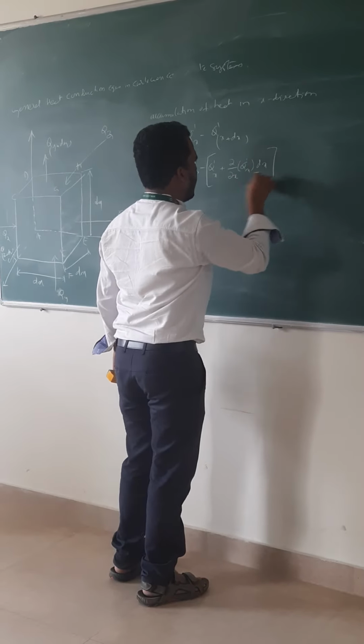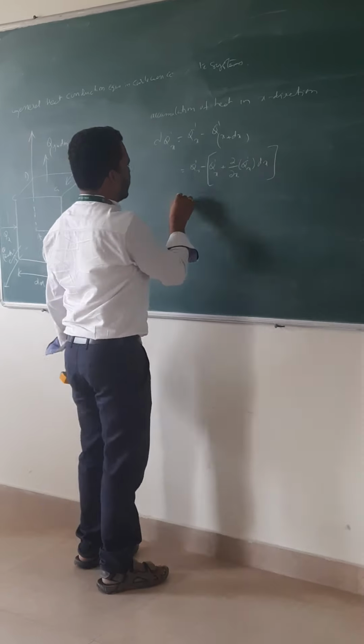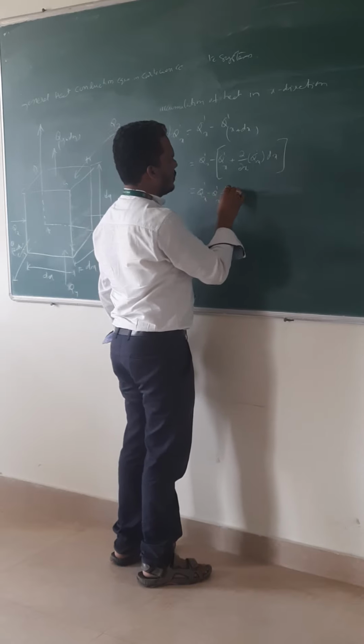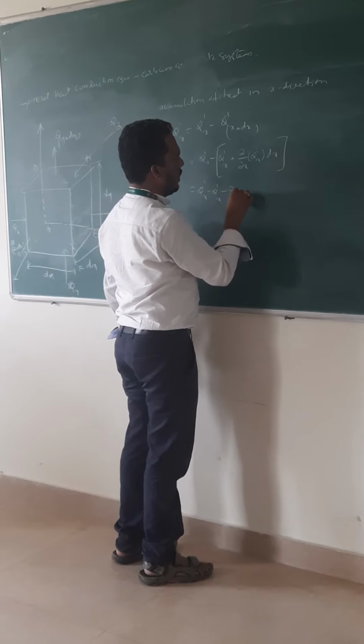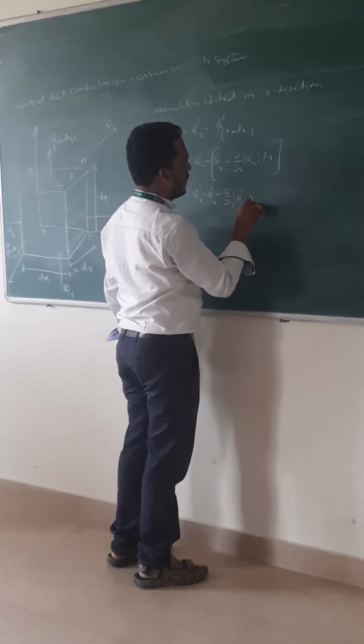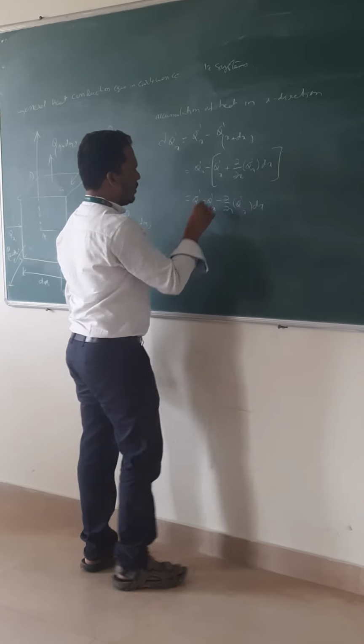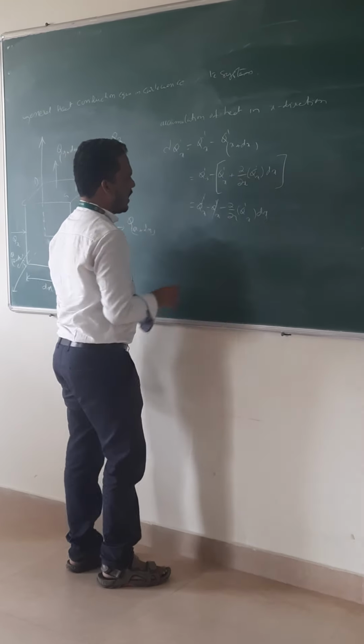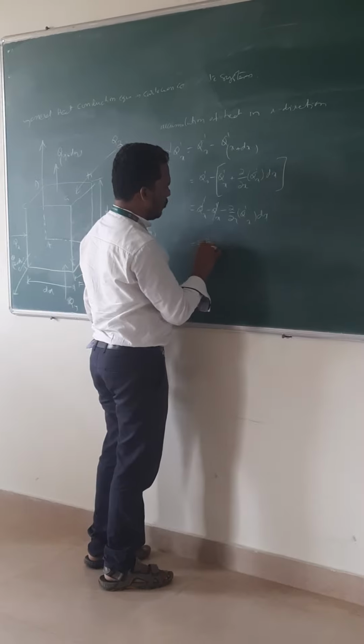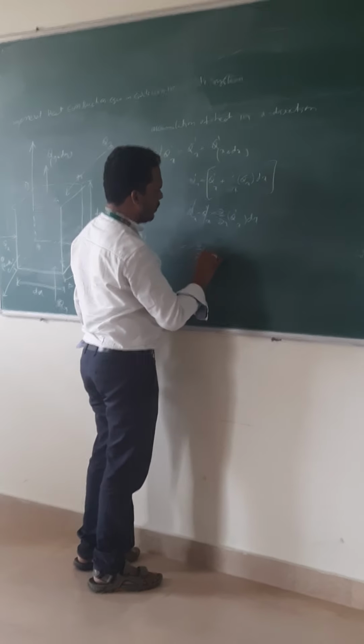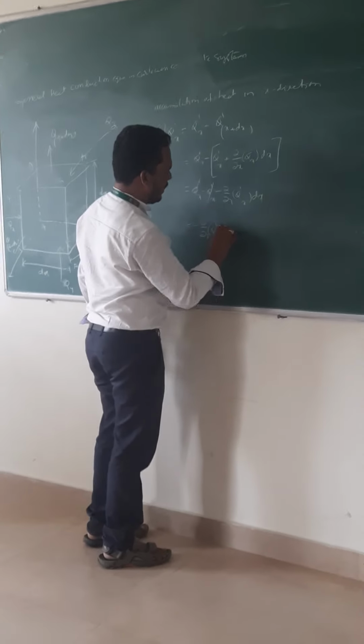The Q dash x terms cancel, remaining minus dou by dou x into Q dash x dx.